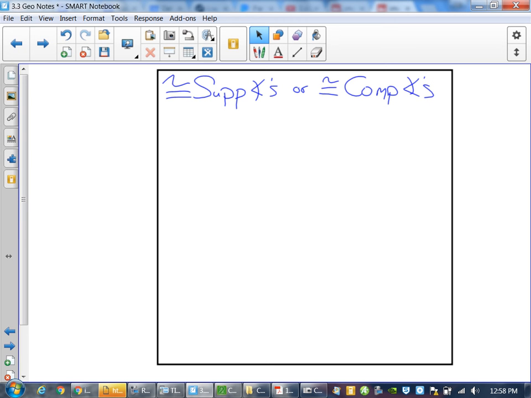Congruent supplementary angles or congruent complementary angles. That's what we're going to look at, since they both basically do the exact same thing. One of them just adds to 180, the other to 90. We can fit them both in the same box, because the way we write it out is going to be the same.